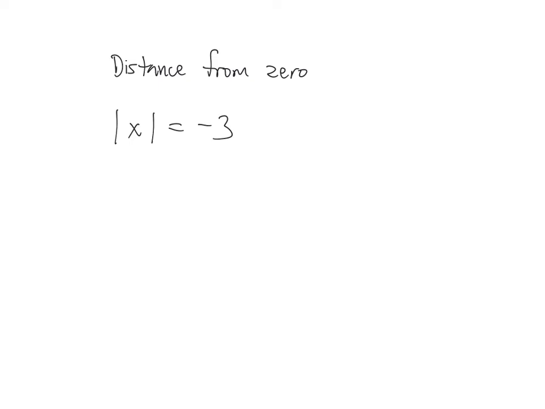People all the time say, well, if you did negative 3, the absolute value of negative 3 gives you positive 3, because distance is always positive. So that didn't work. No matter what you plug in there, nothing's going to work, because you won't get a negative out of there. So if you come across a problem like this, the answer is no solution.